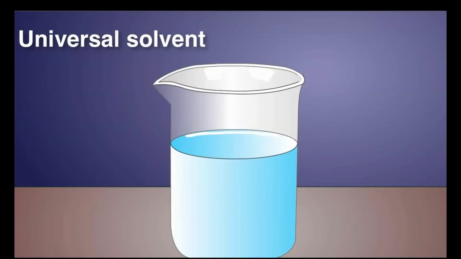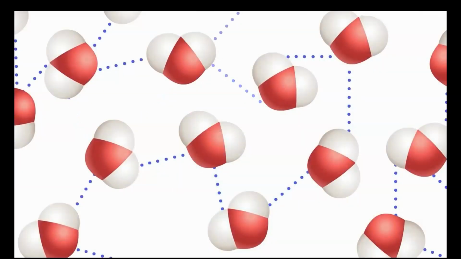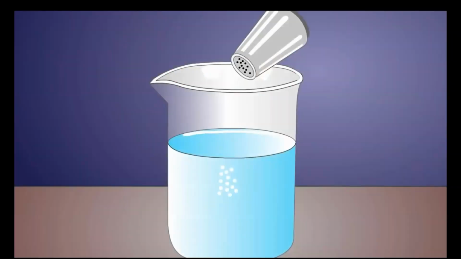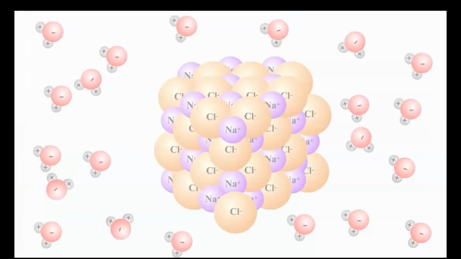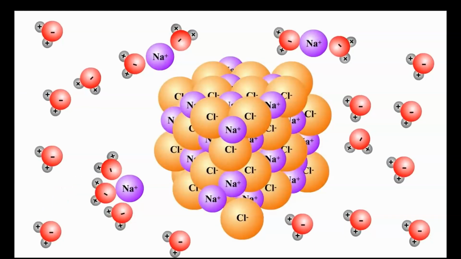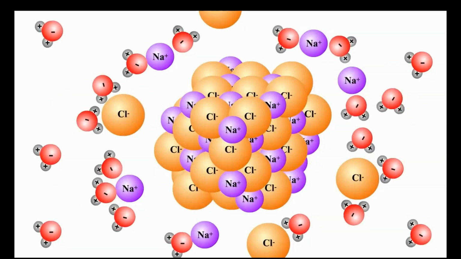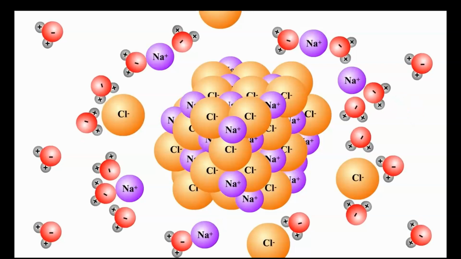Universal solvent, which means that many substances dissolve in it. Water's solvency has to do with the polarity and hydrogen bonding ability of water molecules. When a salt, such as sodium chloride, is placed in water, the negative ends of the water molecules are attracted to the positively charged sodium ions, and the positive ends of the water molecules are attracted to the negatively charged chloride ions.